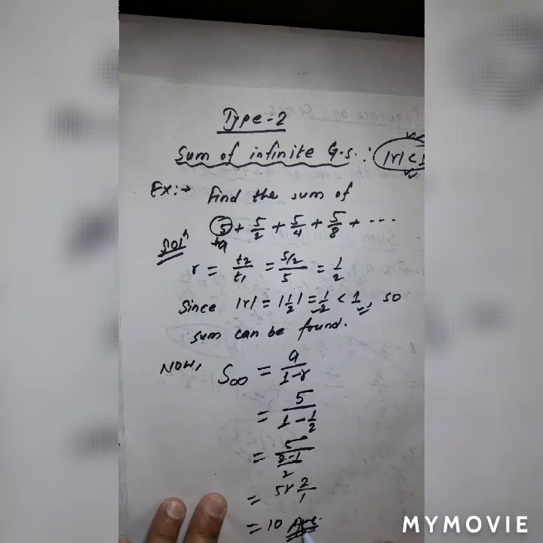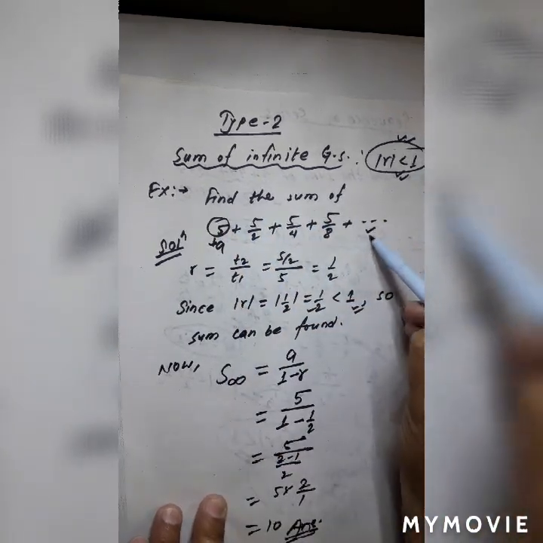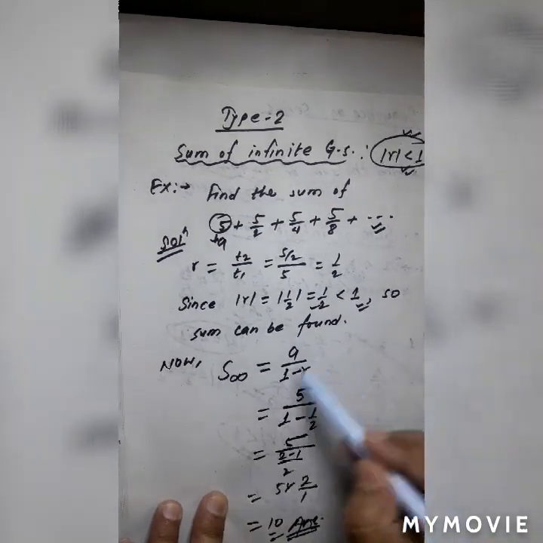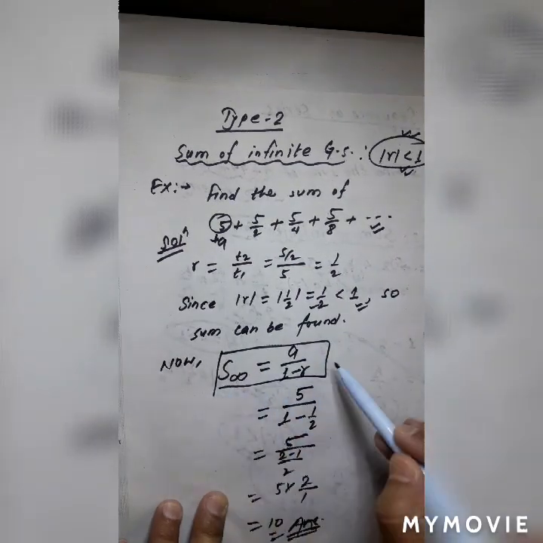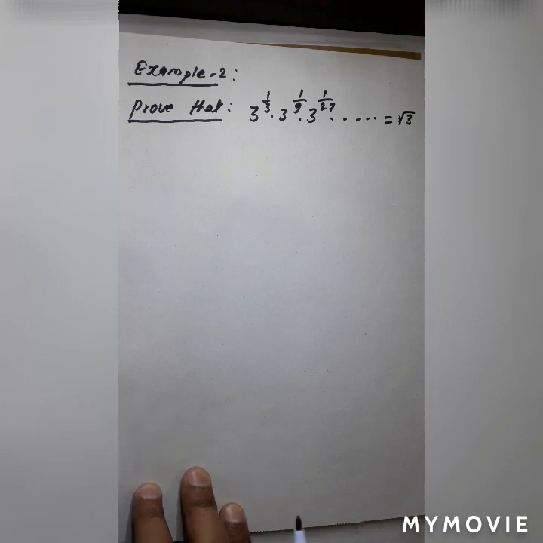If we add all the terms of this series, their sum is 10. So students, in this way, by using this formula, we can find the sum of an infinite geometric series.